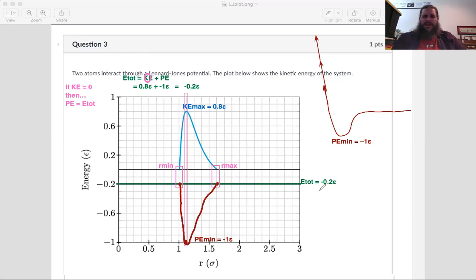And then I think we can draw in the rest, because we know as we travel further and further to the right, larger and larger R, what should we expect to happen to potential energy? What would that potential energy approach as we get further and further out in the R direction? Negative 0.2 was its value at this one location.